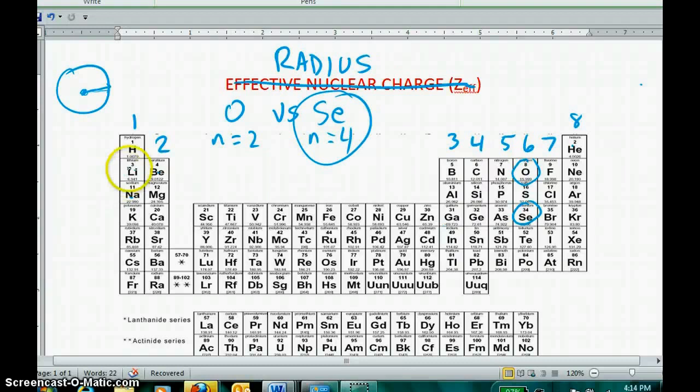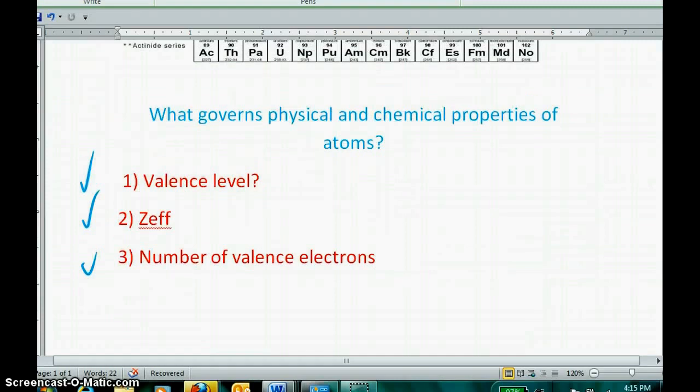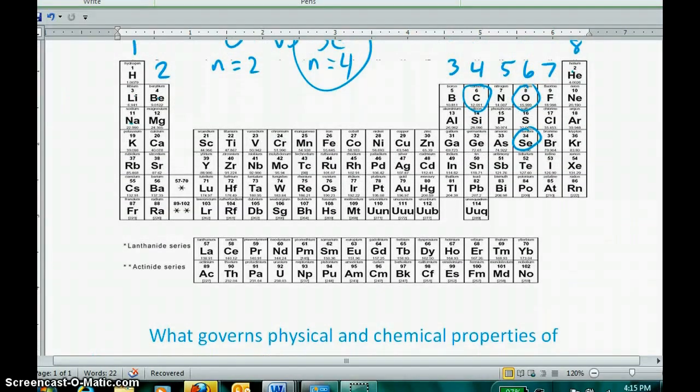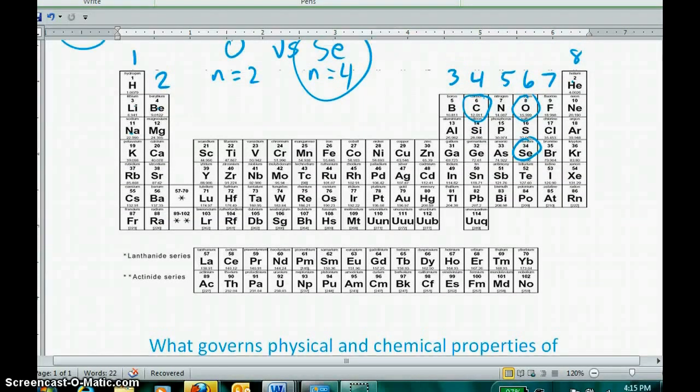So, what happens instead if we consider atoms in the same period? For instance, let's pick carbon and compare it to oxygen. Carbon versus oxygen. Here I'd want to look at the configurations.